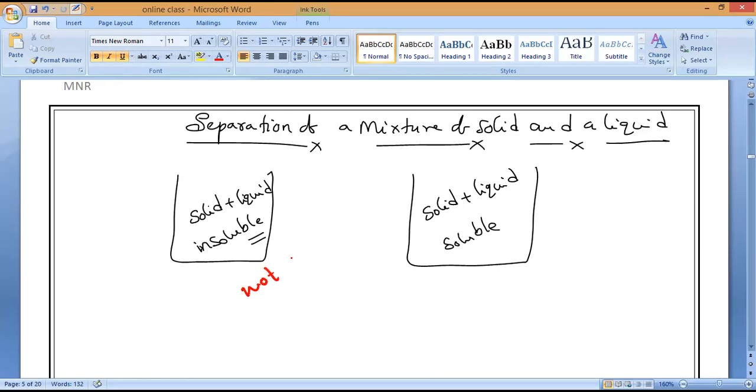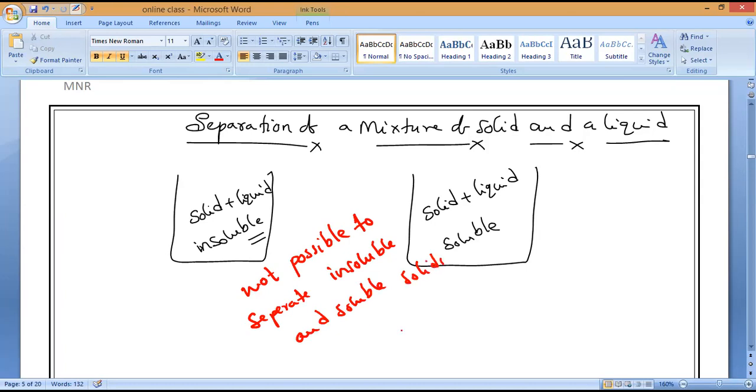No, it is not possible to separate insoluble and soluble solids by using the same techniques. Do you understand, everyone?